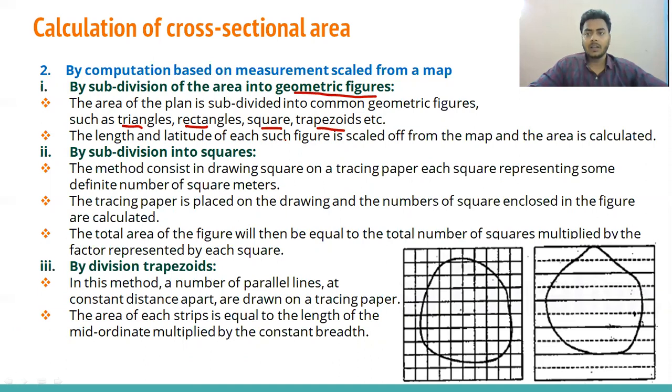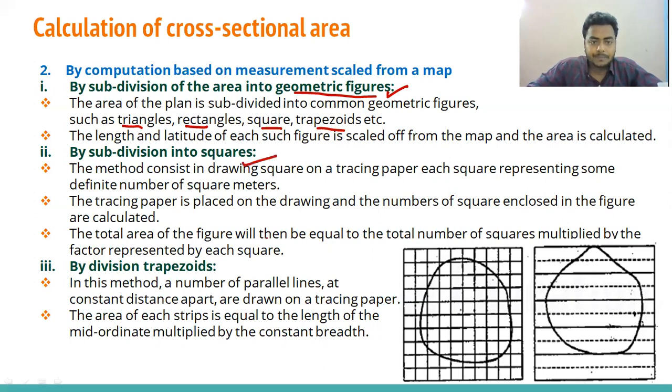We know the formulas to calculate the area of each, so we can sum the individual areas of the triangles, or rectangles, or squares, or trapezoids, to get the total area. This is the first method.